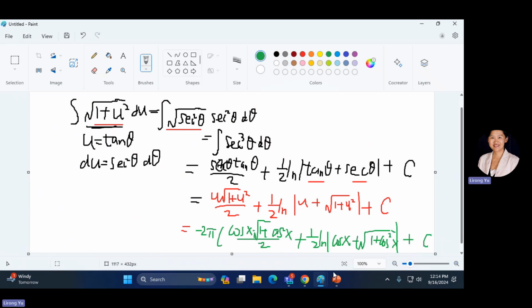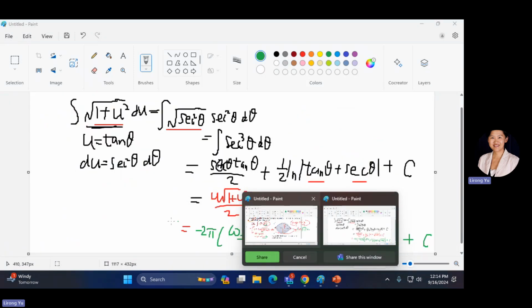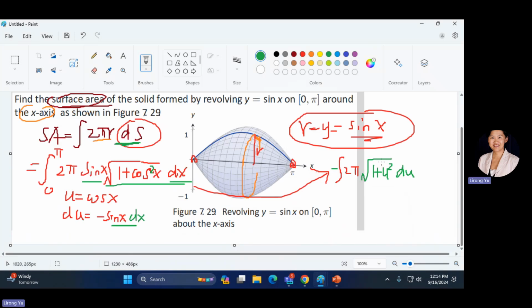We should put in the upper limit after we switch back to the original variable, the upper and lower limits 0 and pi. To finish the entire calculation, you will have to switch back to the original variable, and then put in 0 and pi. So this is a question that's doable, but it does take some steps.